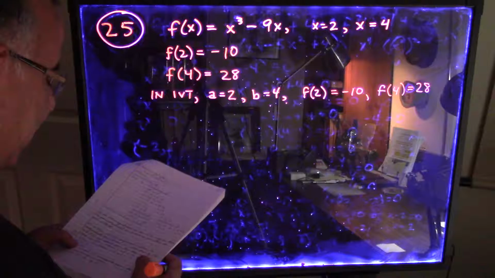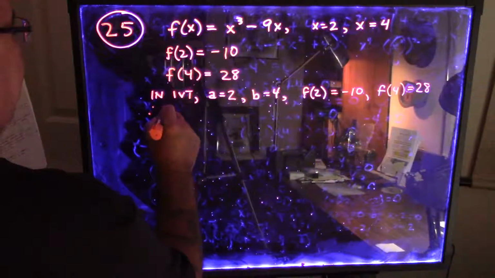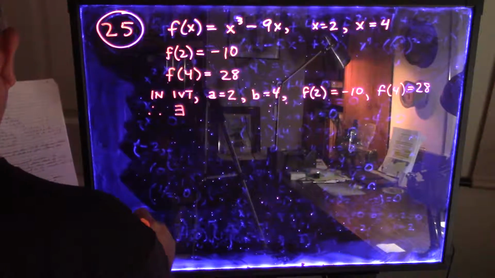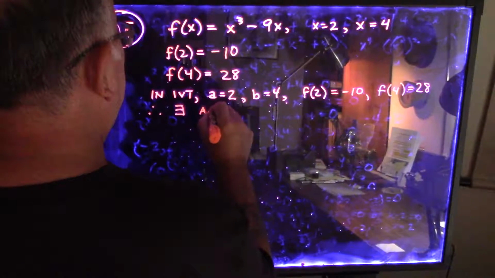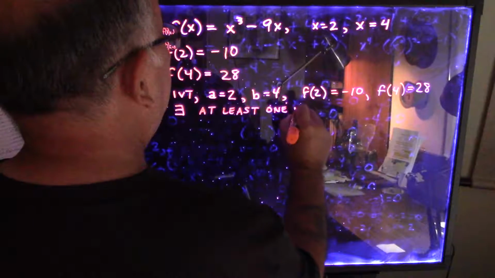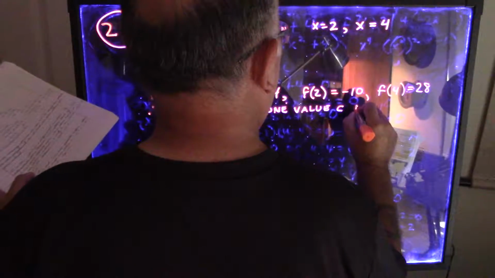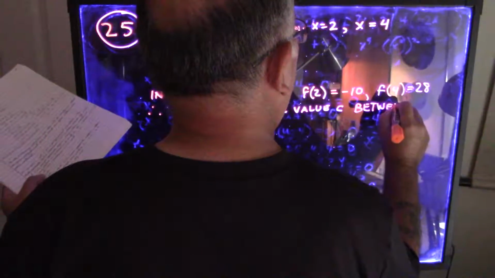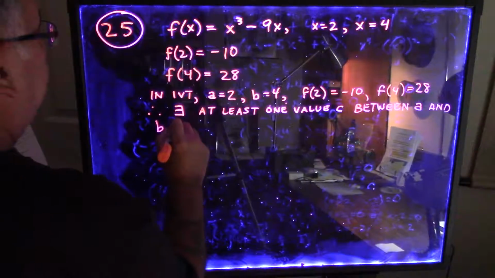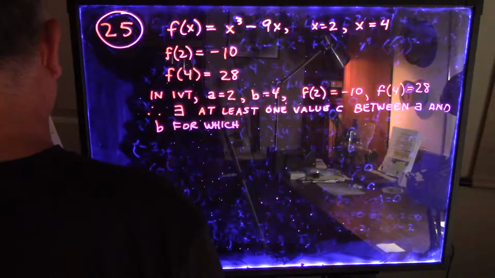So what does the theorem say? If f of a and f of b have opposite signs, then therefore there exists, that backward capital E means there exists, at least one value c between a and b for which f of c equals 0.